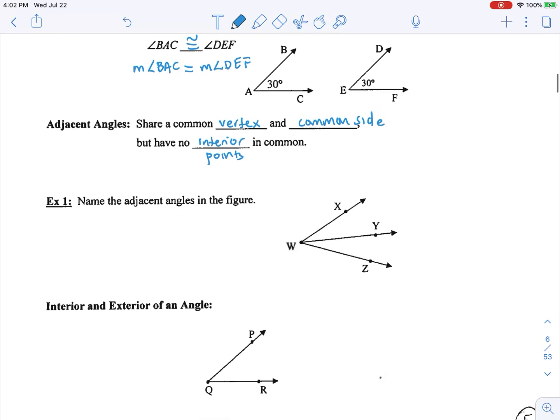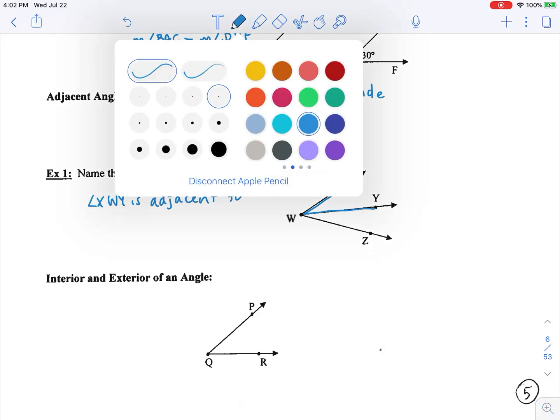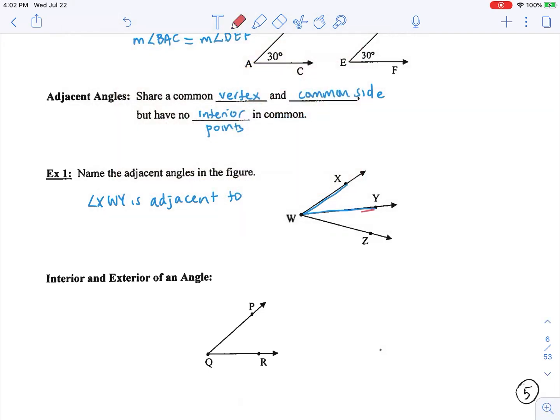So if I'm looking at example 1 and I want to name the adjacent angles in the figure, I will color code this. Angle XWY is adjacent to angle YWZ.